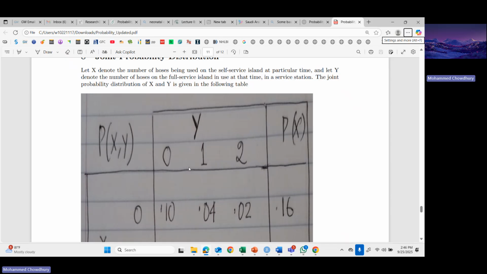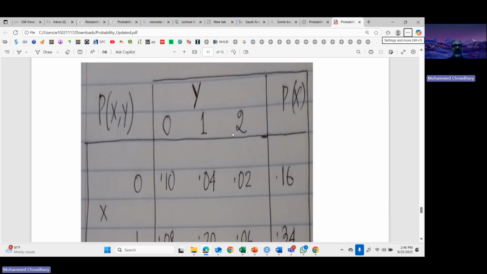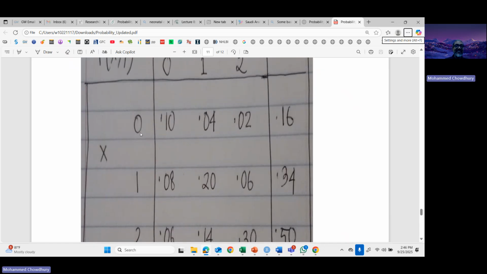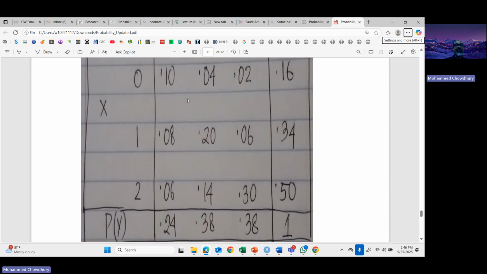You understand x and y? One is known as self-service, another one is full service. So x is 0, 1, 2, and y is 0, 1, 2, and these probabilities are given.